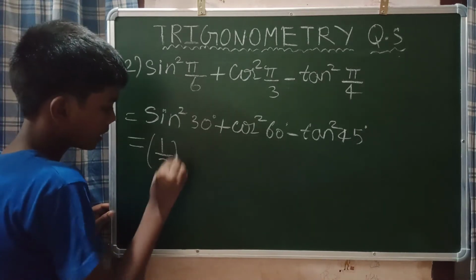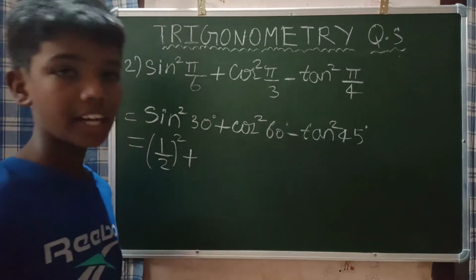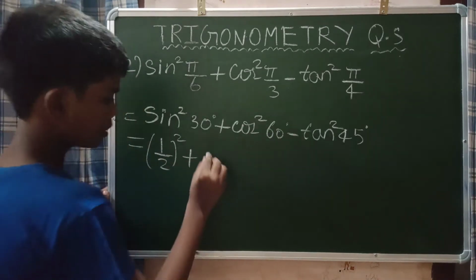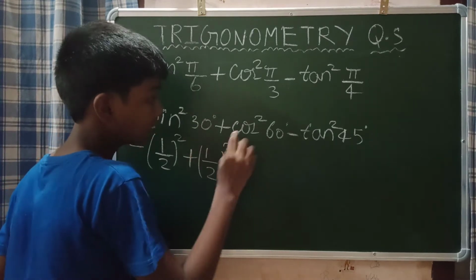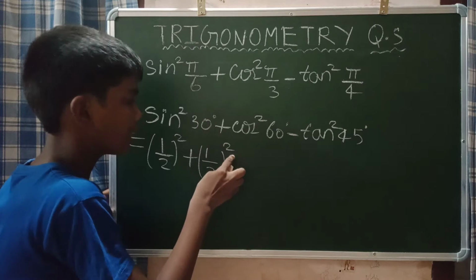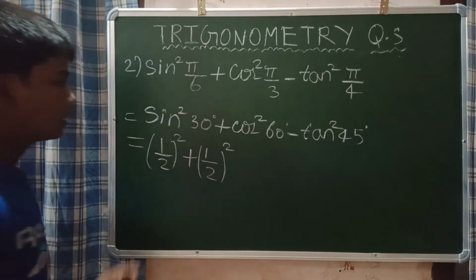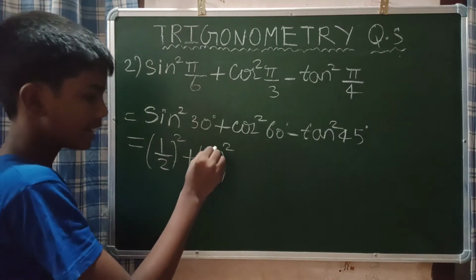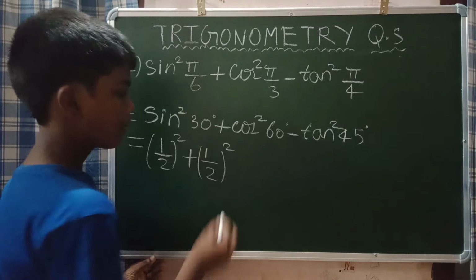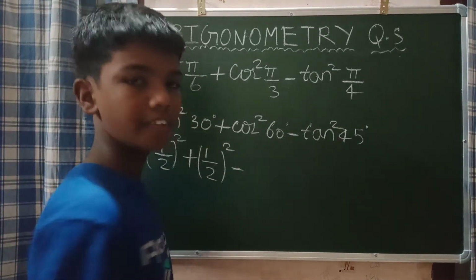So 1 by 2 square plus, and the value of cos 60 degree is 1 by 2 whole square, because it is cos square, so I am only squaring. Here also it is sine square, so I am only squaring. That means sine 30 degree value 1 by 2 and cos 60 degree value 1 by 2. I squared it, minus tan square 45 degree.